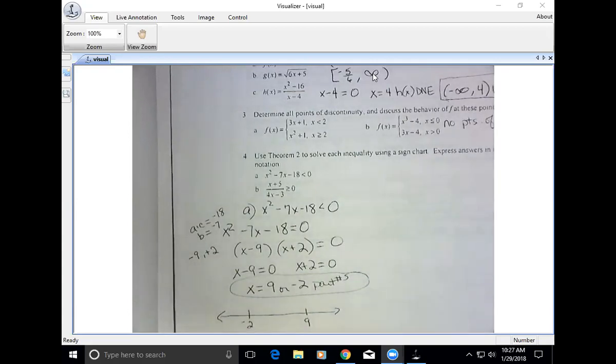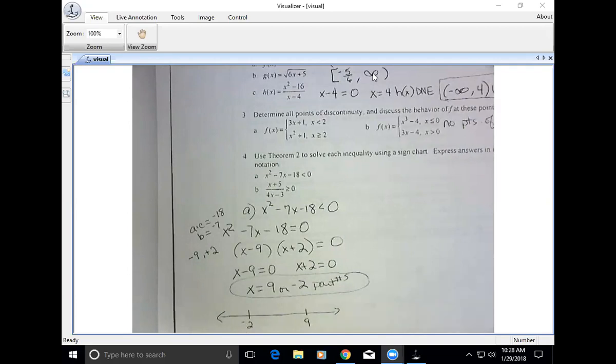And you know how we were testing at asymptotes to see if something was moving toward positive infinity or negative infinity, so we just picked a number to the left or to the right to see what was going on? That's what we're going to do with these partition numbers. I want to see if I'm to the left of -2, do I get a value that's positive or negative?